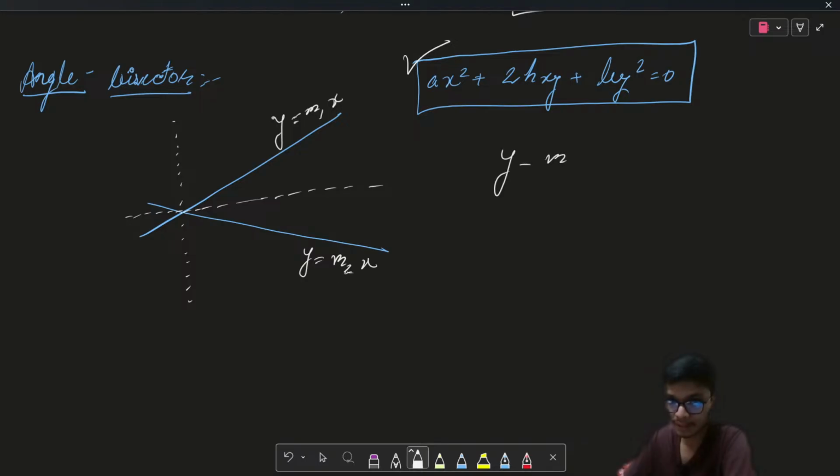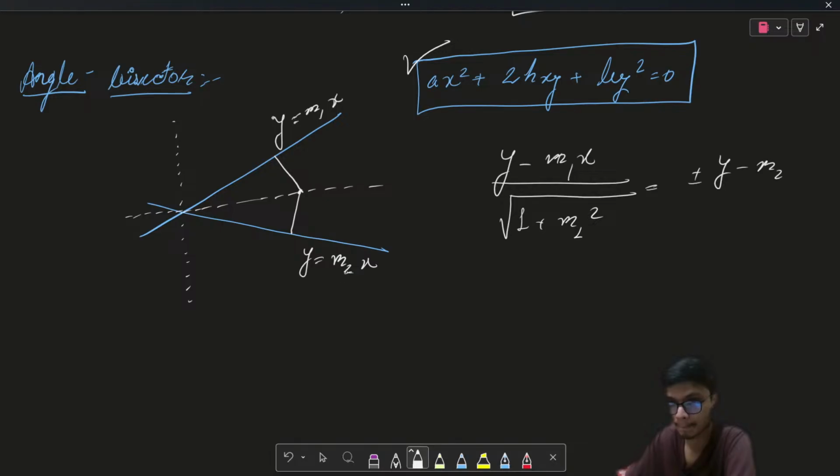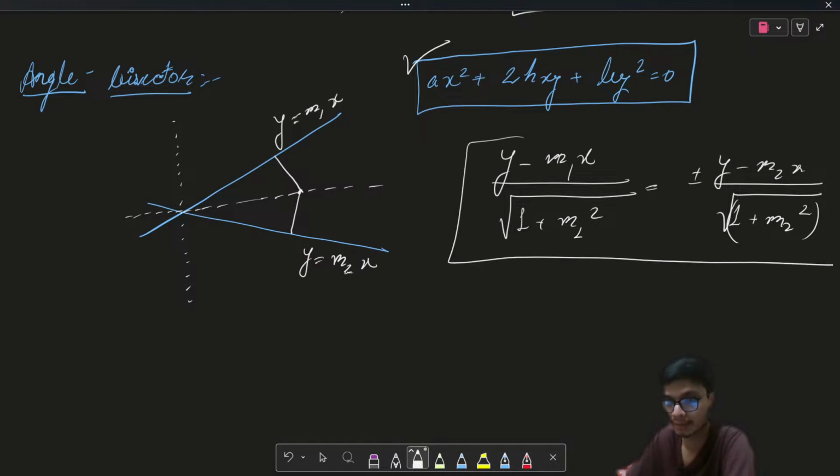We have already seen that the angle bisector equation can be easily obtained by the fact that any point on the angle bisector has the same perpendicular distance from the two lines, right? So the expression can be written something like this, right? Oh sorry, this should be m2 whole square, right? Okay, so this is the equation of both the angle bisectors, right?